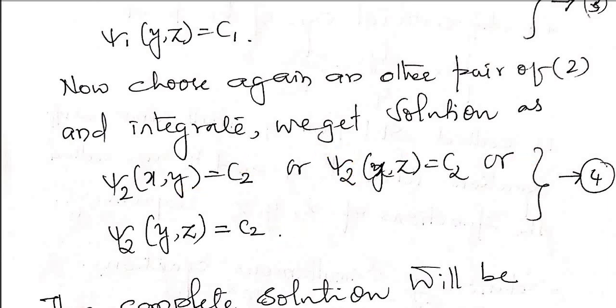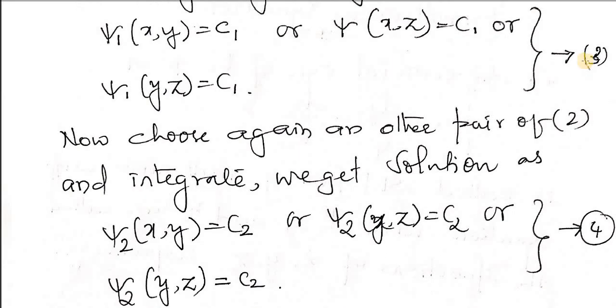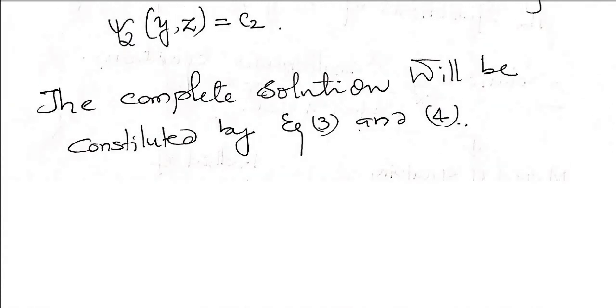The combination of this third solution and fourth solution, mixing up equations 3 and 4, the first integrated solution and second integrated solution, both constitute the solution of the given total differential equation.